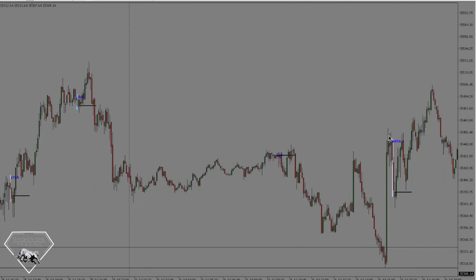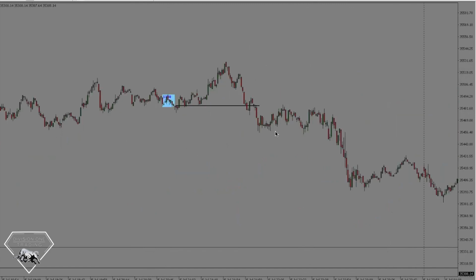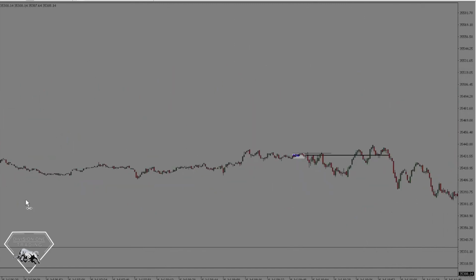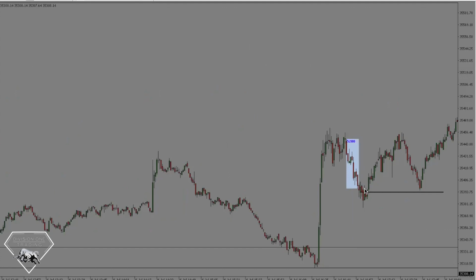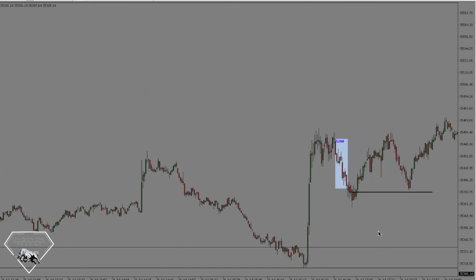Massive rejection. Then right here, after we fill that gap on the 26th, look at this. It closes below it. Are you going to sell that and trade it toward a 4-hour fair value gap that has already failed? Most likely not.